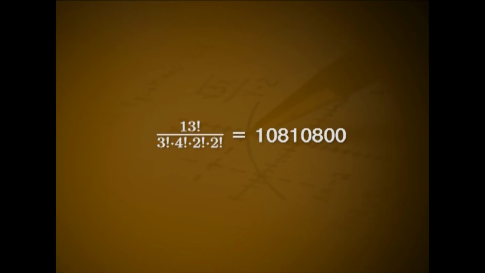Thus, from the total number of words, the number of repetitions due to the 3 A's must be divided to get the actual number of different words. Similar arguments can be made for the other repeating letters also. Thus, the actual number of words will be 13 factorial by 3 factorial into 4 factorial into 2 factorial into 2 factorial equals 1 crore 8 lakh 10,800.